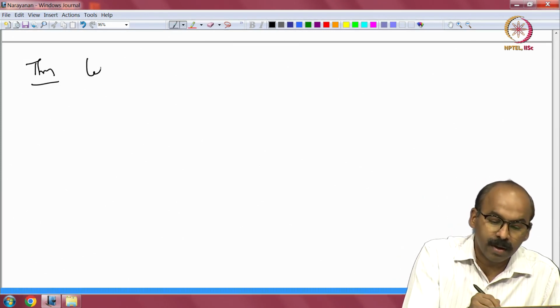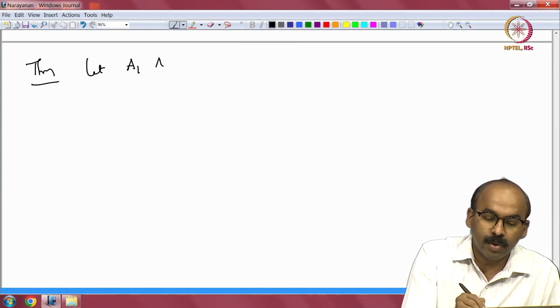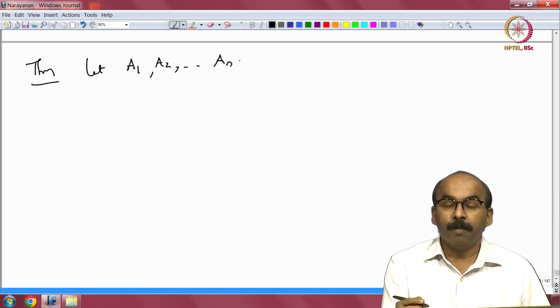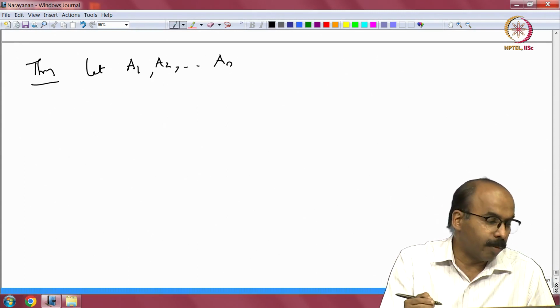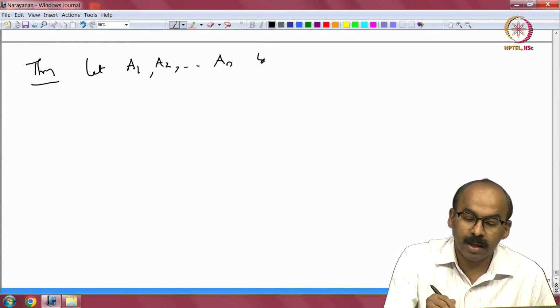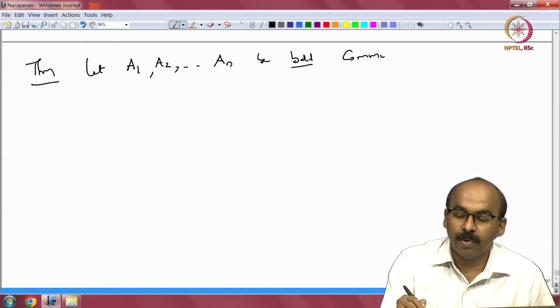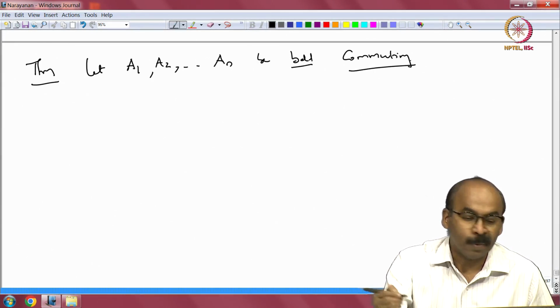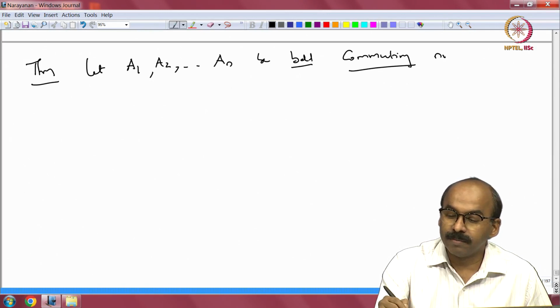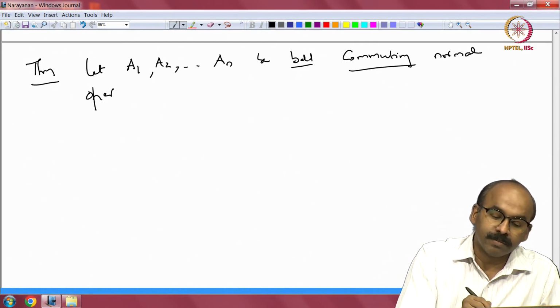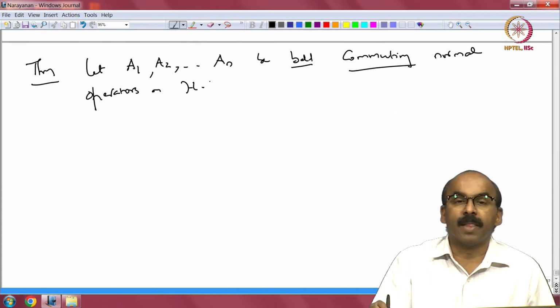So, let A1, A2 etcetera An, so I have n commuting normal operators, bounded commuting normal operators on a Hilbert space H, right.